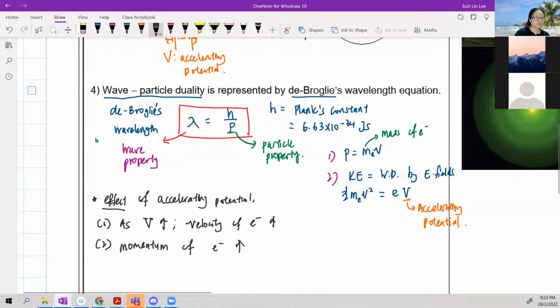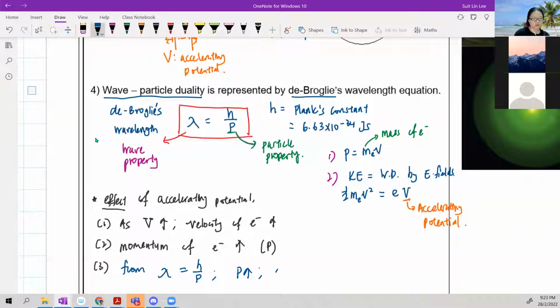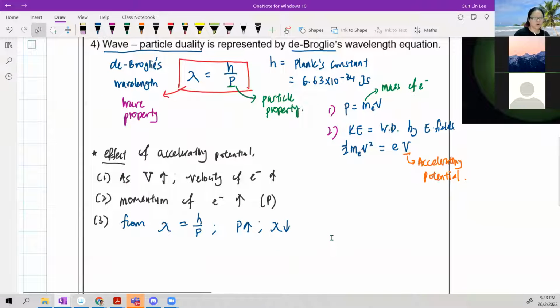If the momentum increases, then I can conclude already, from your brand new de Broglie equation, that when momentum increases, wavelength decreases. Wavelength decreases, this means there is less spreading, which tells us that the rings are closer.